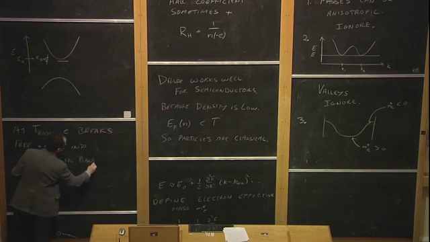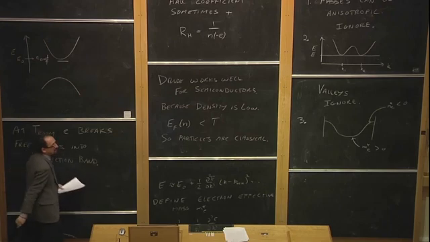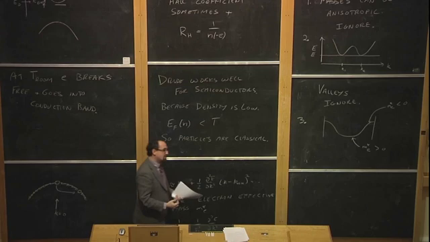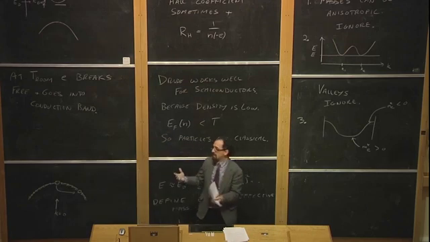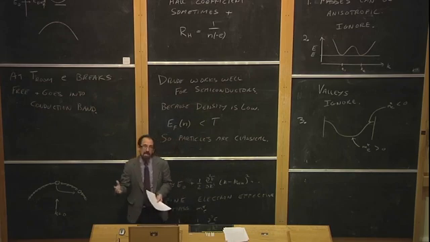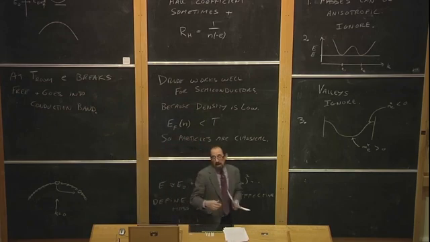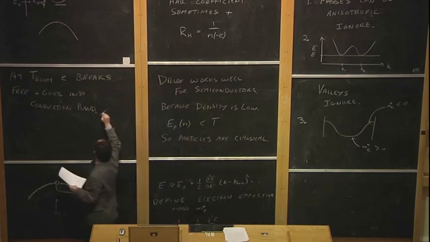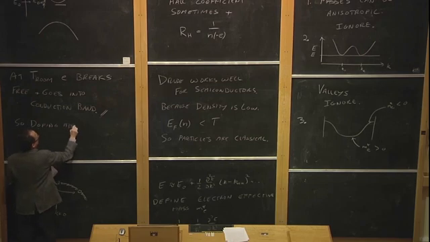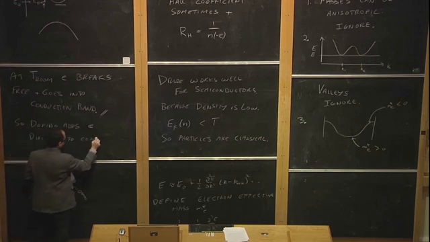And this is why, when we add phosphorus dopant to silicon, we really should just think, at room temperature or a higher temperature, about this as just directly adding electrons into the conduction band. So doping adds electrons directly to the conduction band.